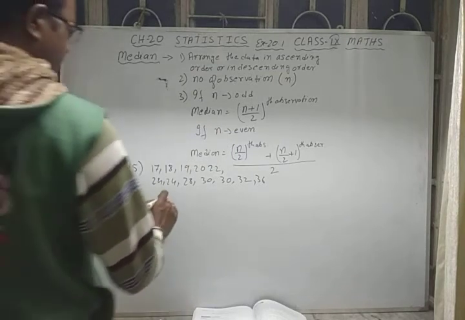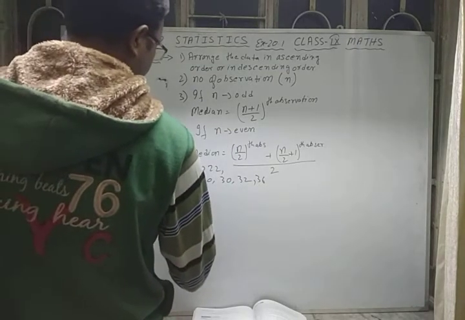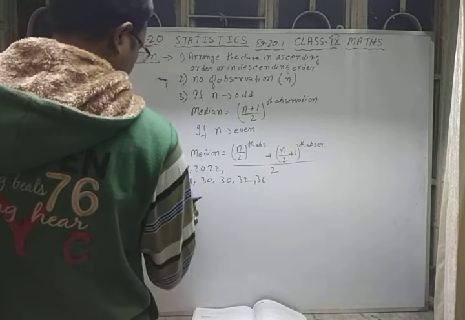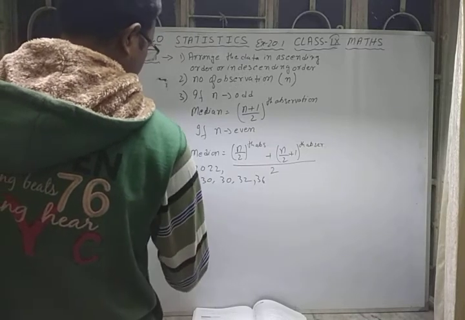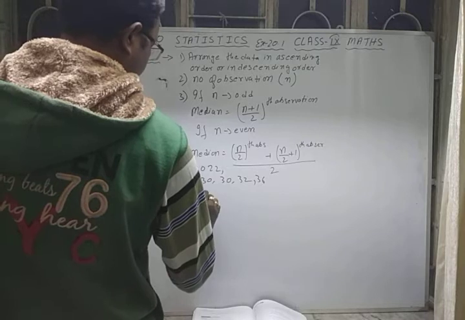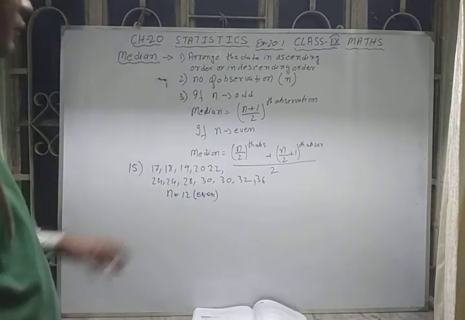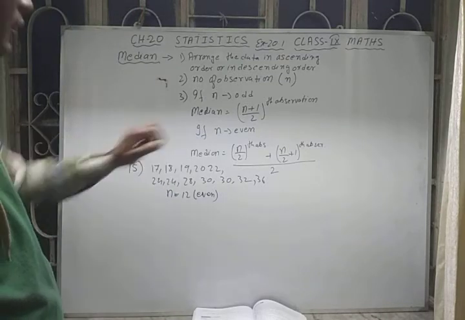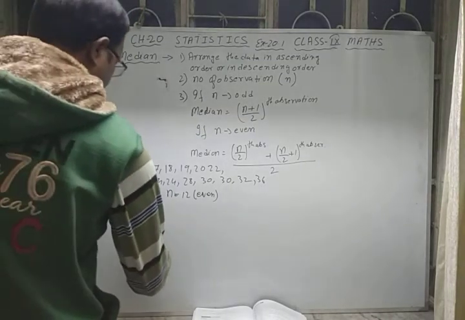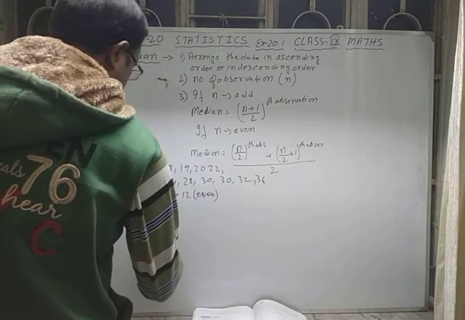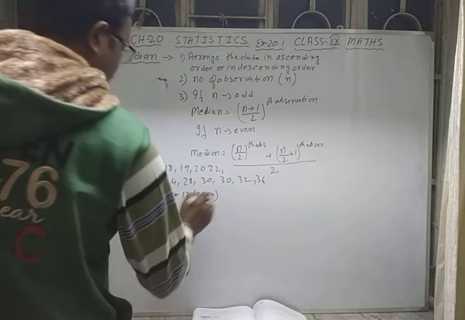So here we can see n is equal to 12, which is even. Number of observations is even. So for even, we have to use this formula to find the median. You will write median is equal to, what is n here? 12.